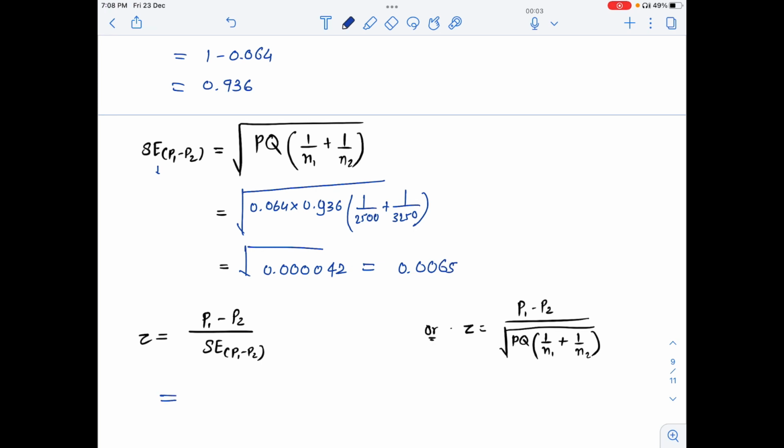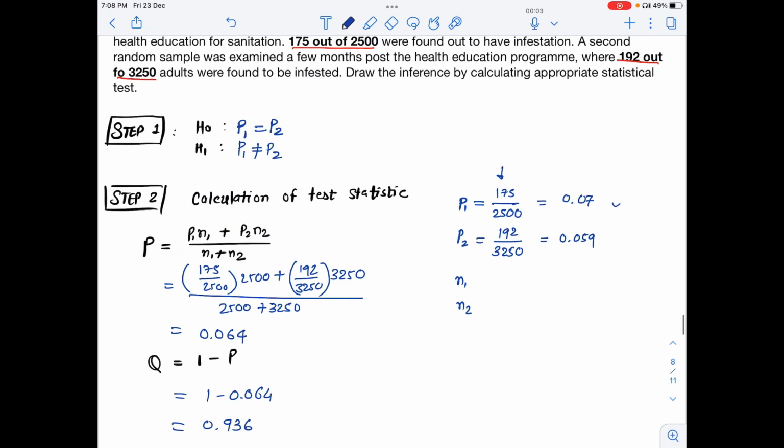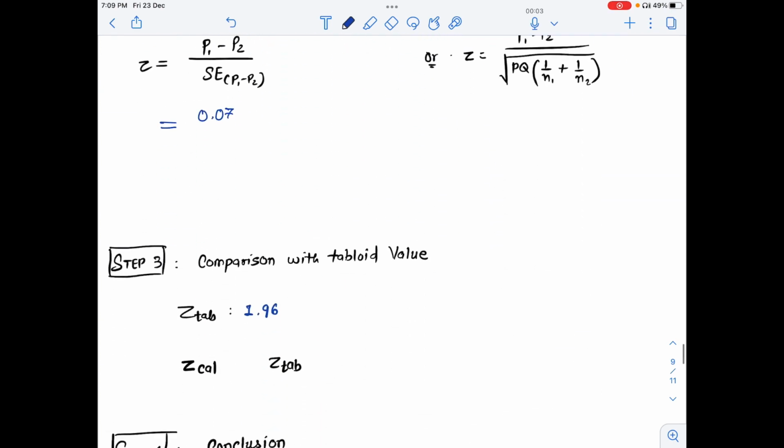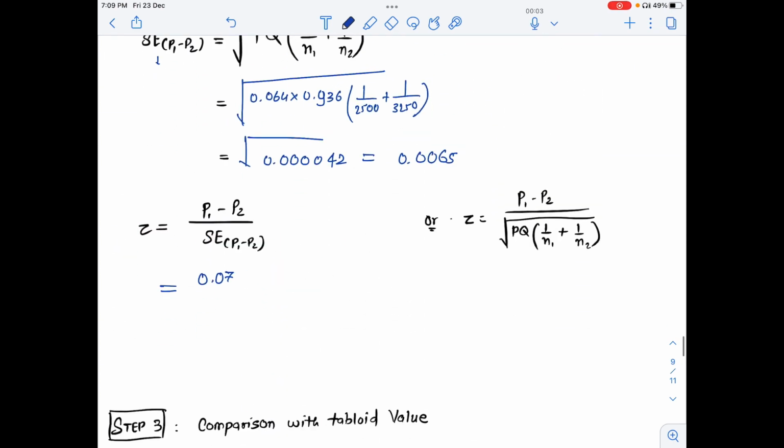Now putting the value here we will get 0.07 as we saw here. Now N1 and N2 are sample sizes, so this is N1, this is N2. So 2500, 3250, 0.059, and standard error is from here, 0.0065.